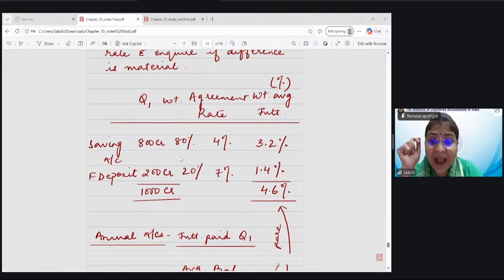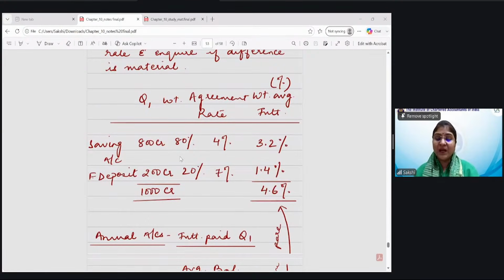How will you calculate the weighted average interest? The agreement rate into the weight assigned: 4% into 80%, 7% into 20%. So that is 3.2% and 1.4%. Total it comes to 4.6%.